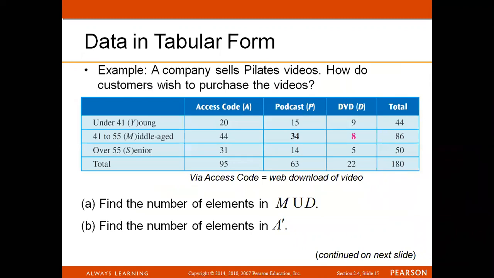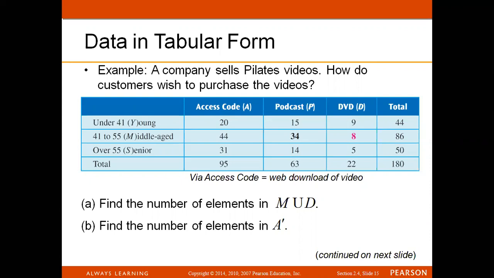All right, now our last two slides, we're going to look at tables. So data in tabular form. Example, a company sells Pilates videos. How do customers wish to purchase the videos? And then we have a table here.